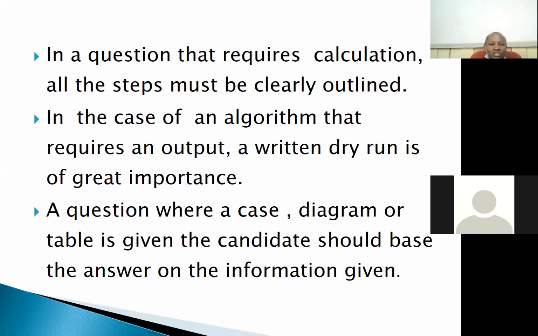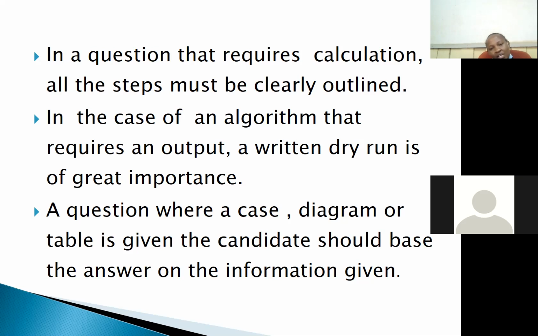Then in question 16, in a case of an algorithm that is either a flowchart or a pseudocode that will require you as a candidate to give an output, it is actually advisable that the candidate writes a dry run, which is of great importance.